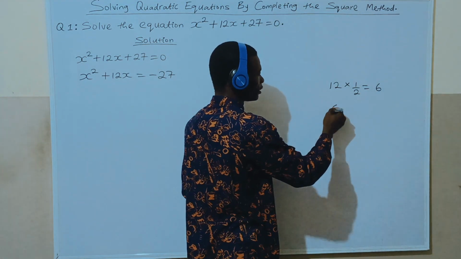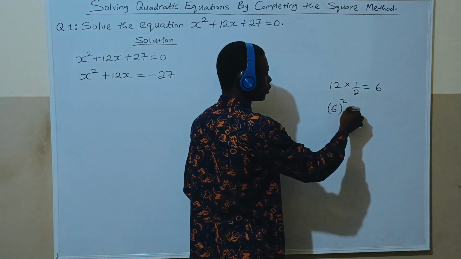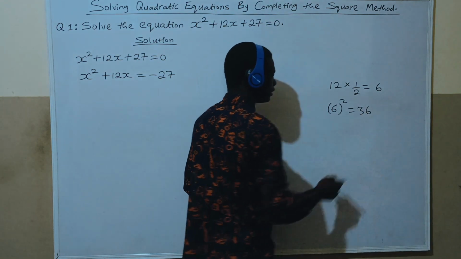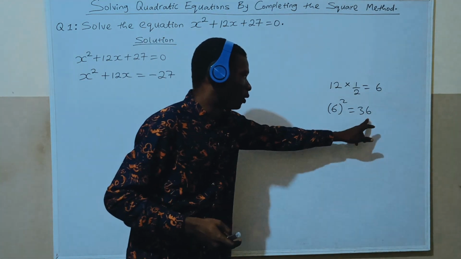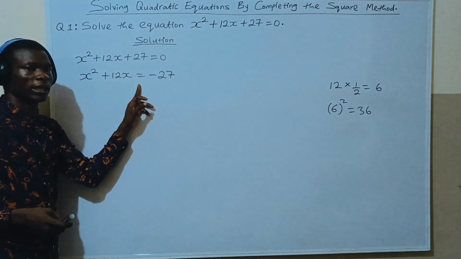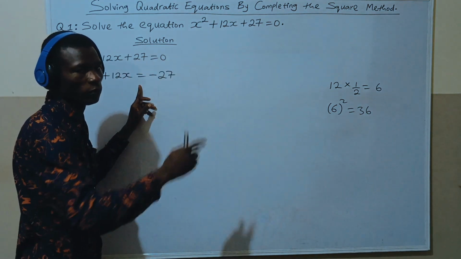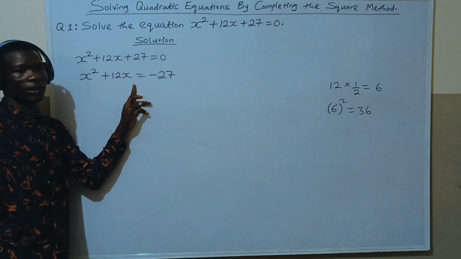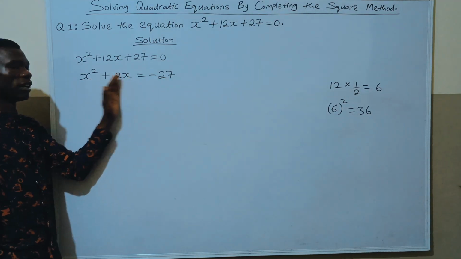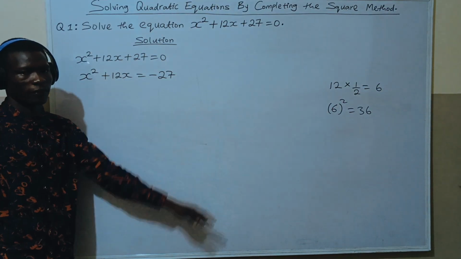And what do we do to 6? We square 6. When you square 6, it gives us 36. So once we add this 36 to the left hand side, we'll be able to complete the square on the left hand side, because 36 is the number that must be added to the left hand side to make it a perfect square.